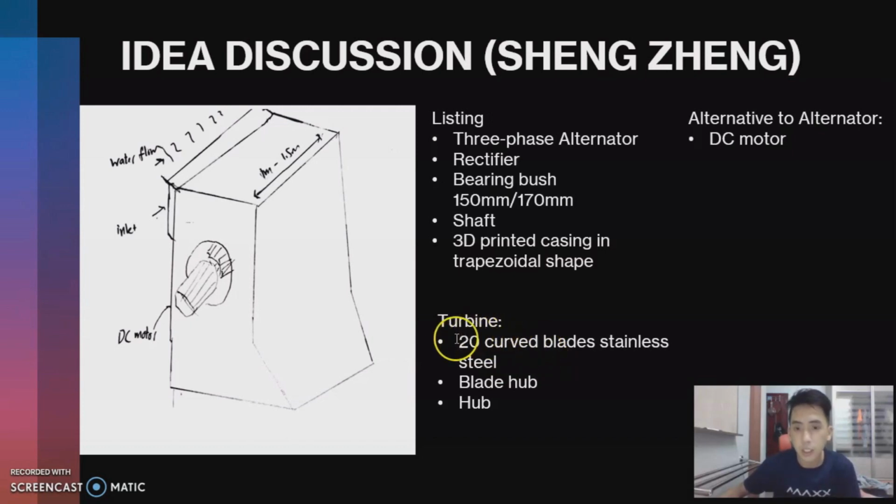We need at least 20 curved blades because we want to allow more water to push the rotor or apply pressure on the rotor, so that there is enough force to rotate the DC motor and generate electricity. For the alternator, we use a DC motor as it is cheap and easy to use. So that's all for me. Thank you.